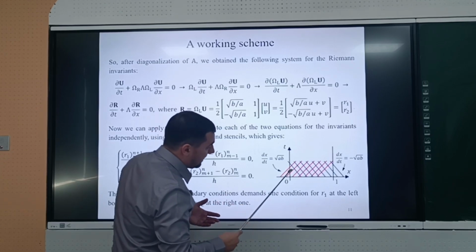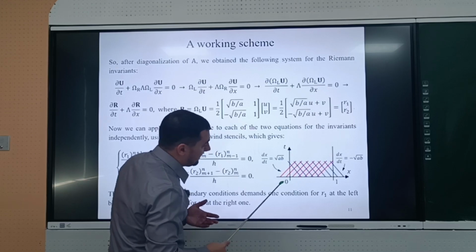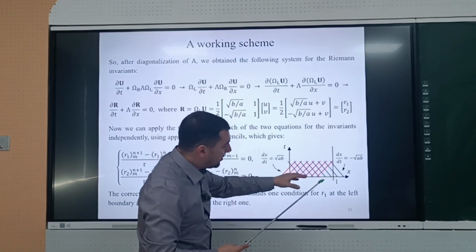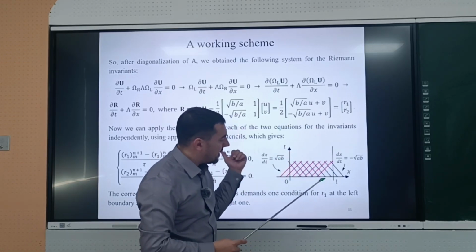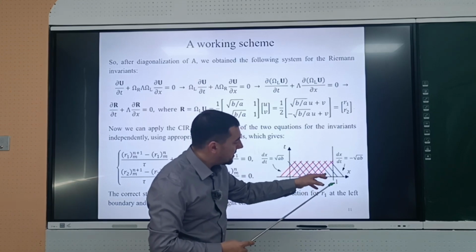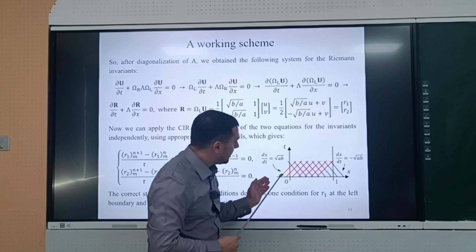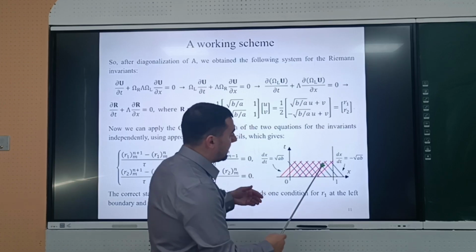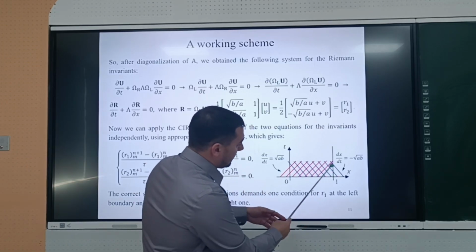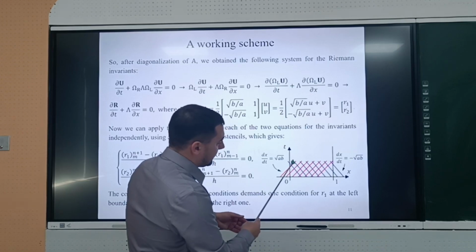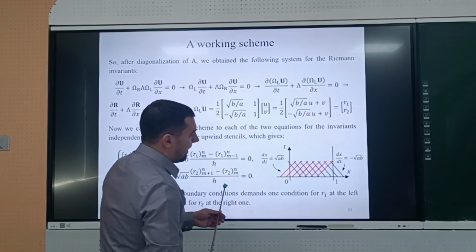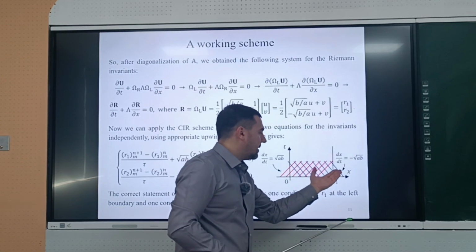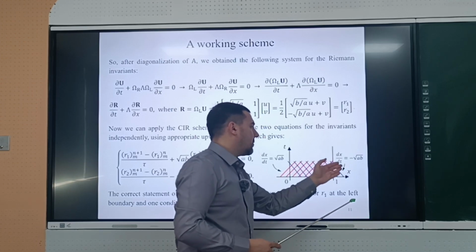It means we should specify the boundary condition for this Riemann invariant R1, because this invariant comes from the left to our boundary. And we do not need to specify any conditions for R1 at the right boundary, because all the information comes to the right boundary along this characteristic, dx over dt equals square root of AB. And quite the contrary, if we consider invariant R2, the slope of these characteristics is like for the blue curves, and they bring information from outside the domain through the right boundary.